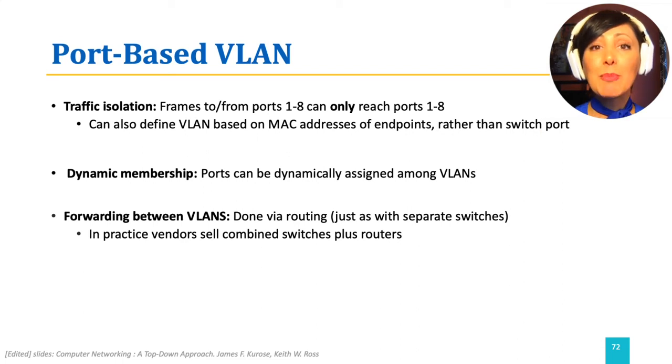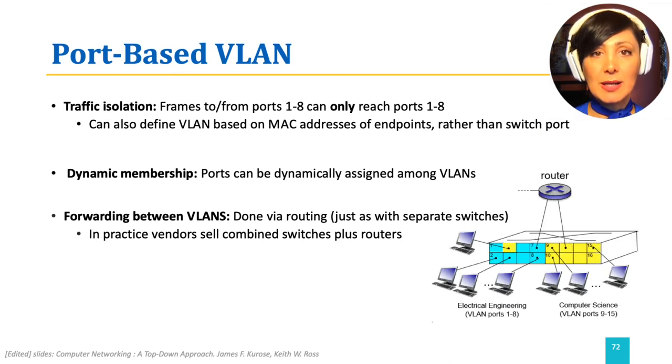However, to make the isolation happen, the traffic among the VLAN ports needs to be routed among VLANs as if in physical LANs. Remember, when we had different local area networks and we wanted to send a packet across them, we needed a router with a port connected to each of the LANs.